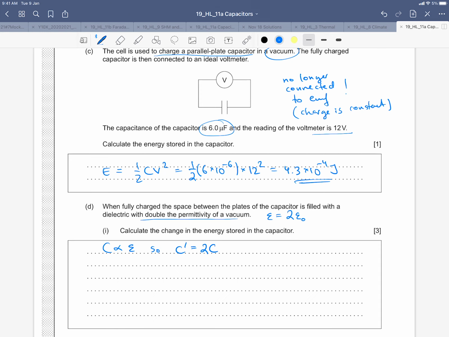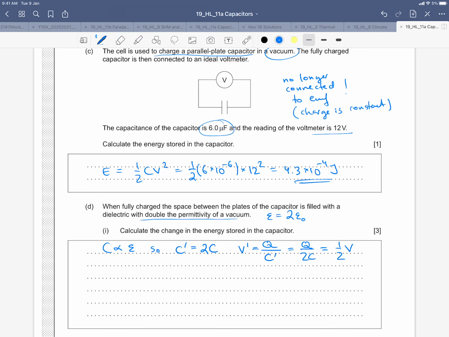We have the same amount of charge, because it's not connected to an EMF, so it can't gain any more charge. The new voltage is Q over C prime, and we know C prime is 2C. Q over C was the previous voltage, so the voltage has halved.